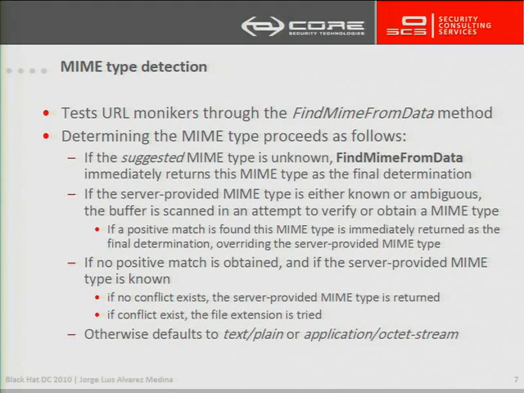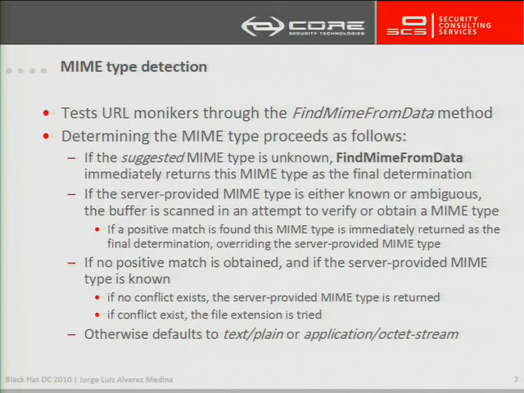If the server-supplied MIME type is unknown for the browser, the browser will treat the object that was requested according to the result from the FindMimeFromData function. I mean, if the file extension is unknown for the browser and this function determines that the content being rendered is HTML, the browser will treat that object as such.